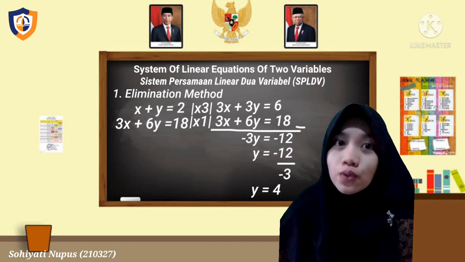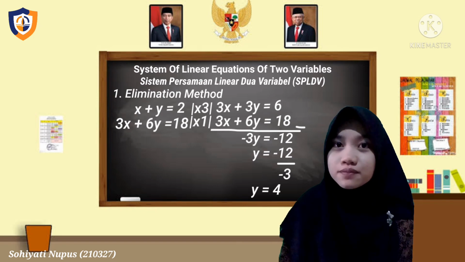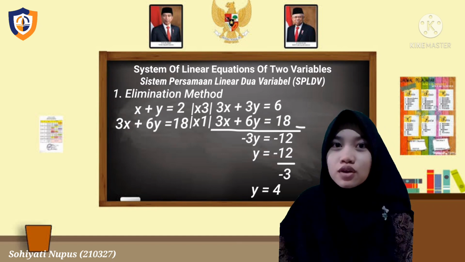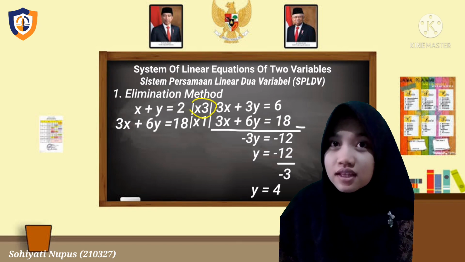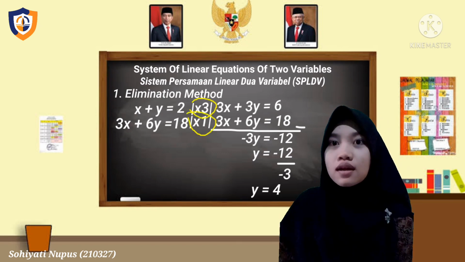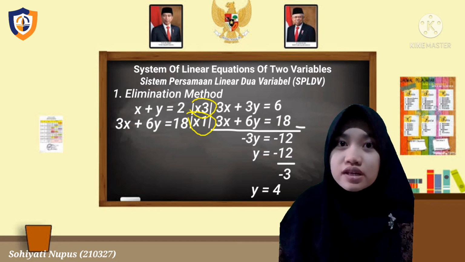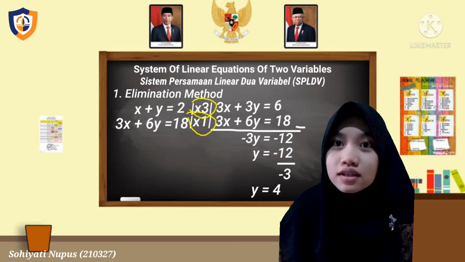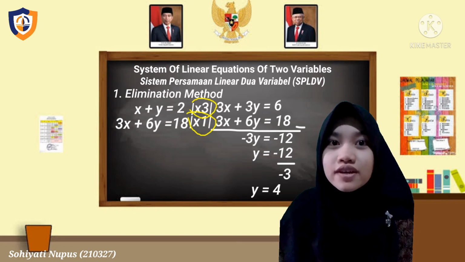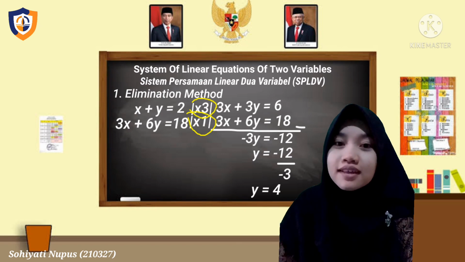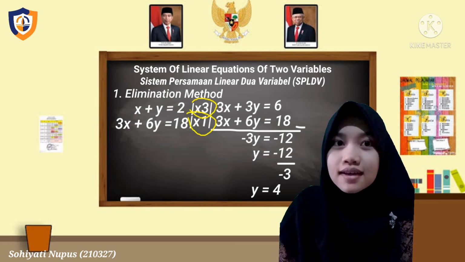First, we multiply by the coefficients. For example, we multiply by the coefficients 3 and 1. We equate the coefficients of the x variable first, so we get 3x plus 3y equals 6.